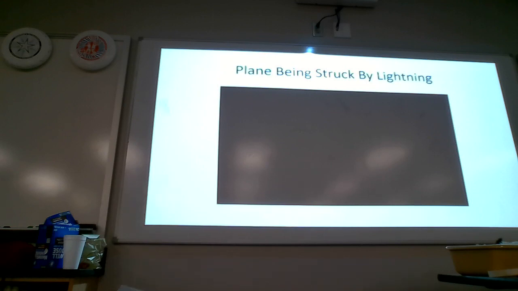The plane happened to get in the way, and it's actually more attractive because it's easier to go through the metal than it is through the air, because it's a conductor, but it's going to the ground ultimately. The airplane would not have satisfied the crowdedness of the electrons.